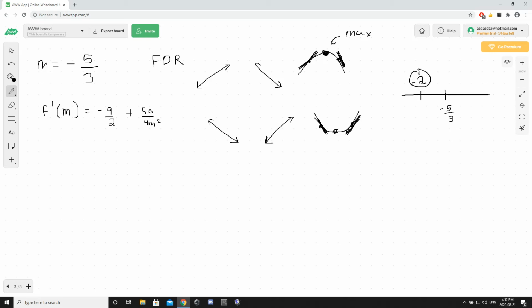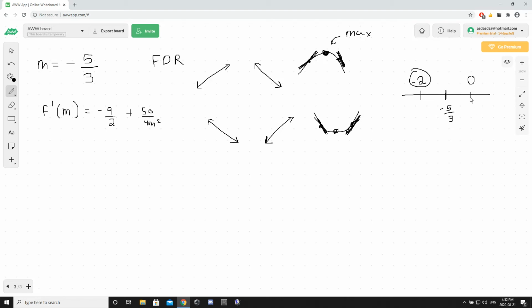I'm just going to circle that to highlight it. Now, a value to the right of negative 5 over 3, keeping in mind that technically your other critical point would have been 5 over 3. So what's a value between negative 5 over 3 and 5 over 3? Well, you could go with 0.